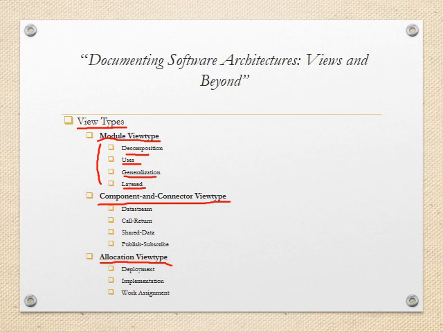Within the C&C, or component and connector, view type, we have data stream, call and return, shared data, and publish-subscribe. Within the allocation view type, we have deployment, implementation, and work assignment views.